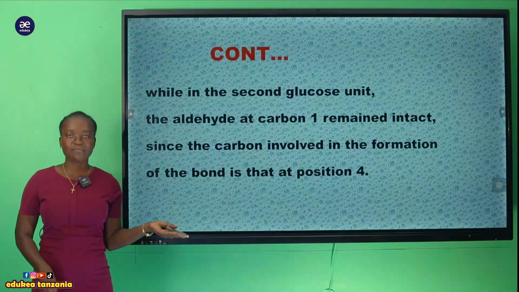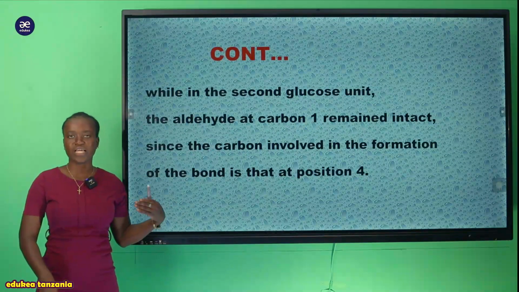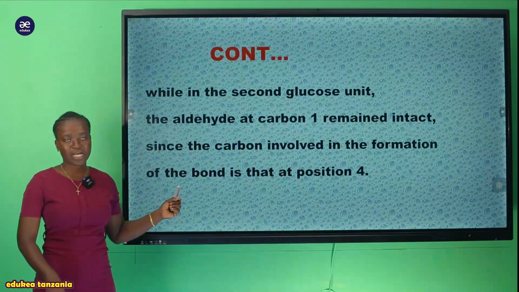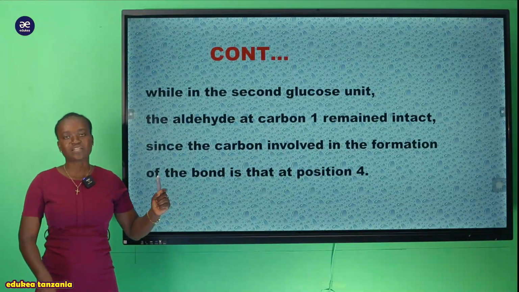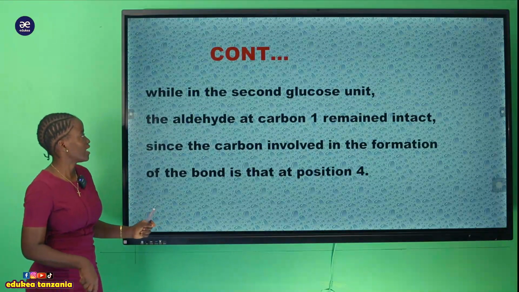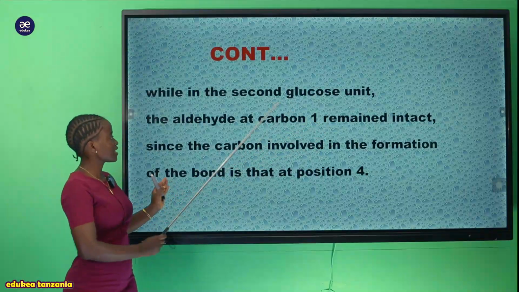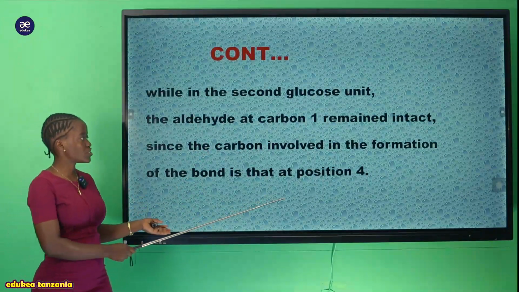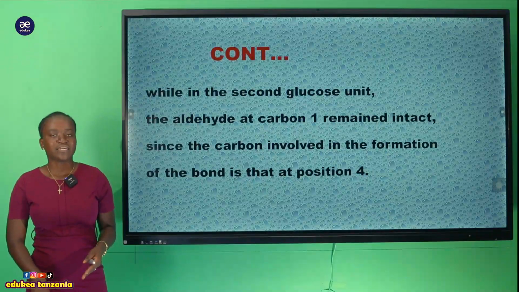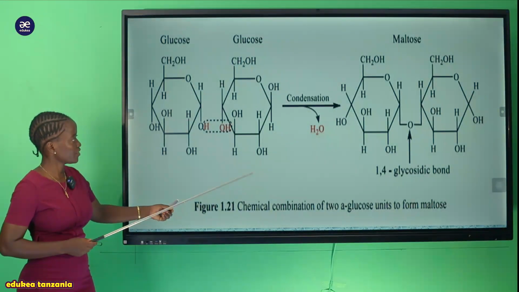So the other hydroxyl or aldehyde found in the glucose structure remains intact, meaning it remains the same and is not used, that is the one left at carbon number 1. But the one at position number 4 is what is used to form the bond. That is this one, this is the structure.